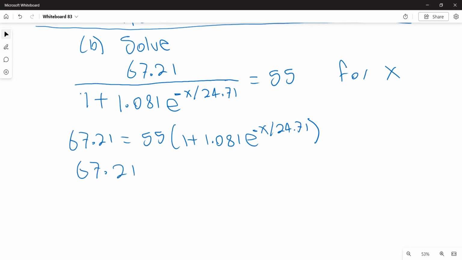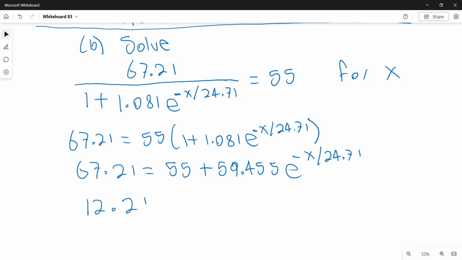When we solve this exponential equation, we are going to isolate x on one side. So 55 times 1.081 is 59.455. Okay, next step, subtract 55 from both sides, and 12.21 is equal to 59.455 e to the negative x over 24.71.